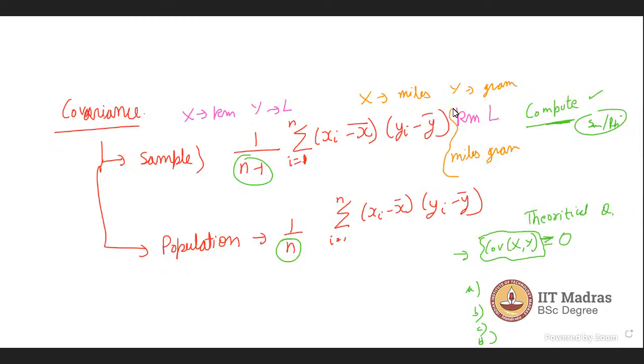There is no way I can compare these two, or tell whether one pair is more related than the other. To compare, we need a unitless measurement, so we derive correlation.